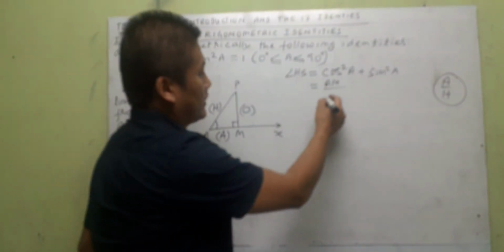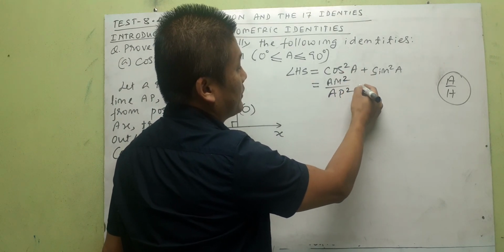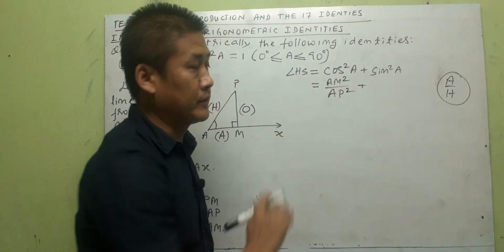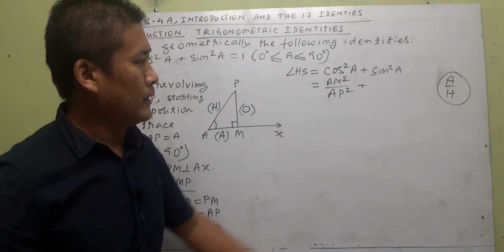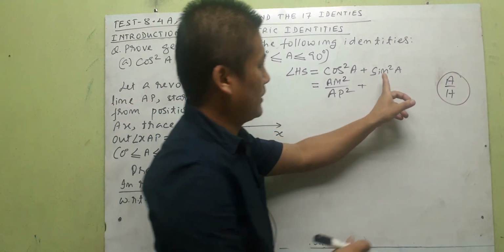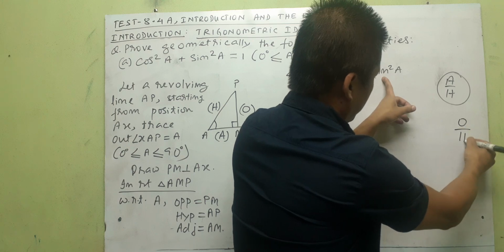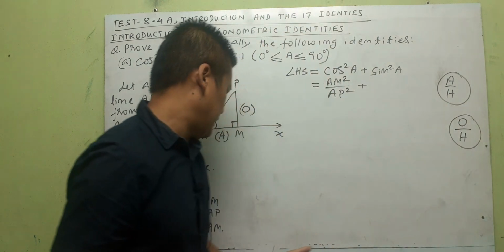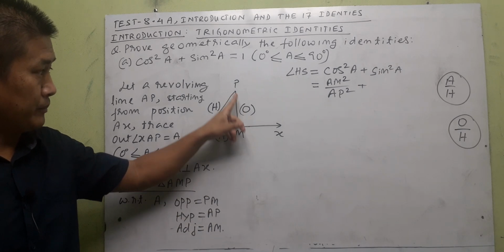That's right, AP. So here square means we can just put square everywhere because the square will belong to everything. AM square by AP square plus, then sine A in our first chapter, the ratio sine A is what? Opposite by hypotenuse. That's right. So which one is the opposite here? That's right, PM. See here, PM.